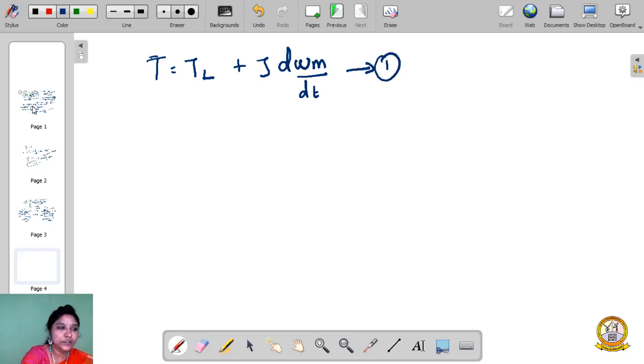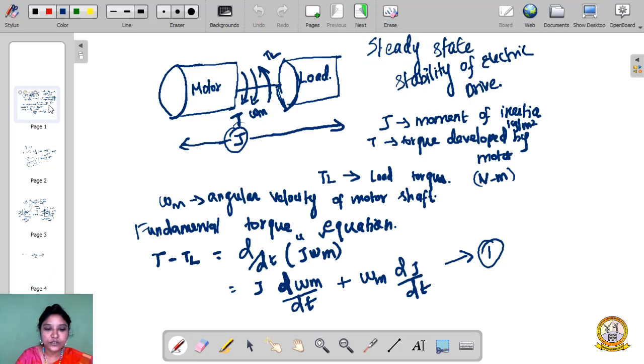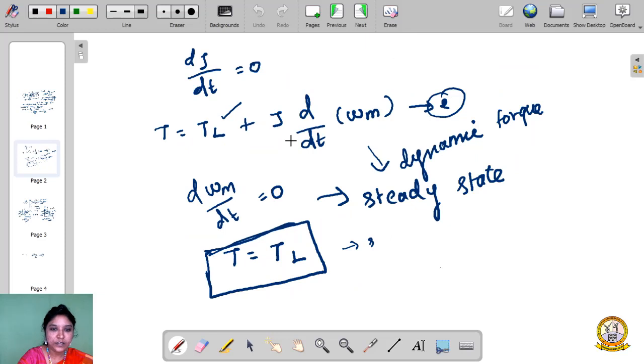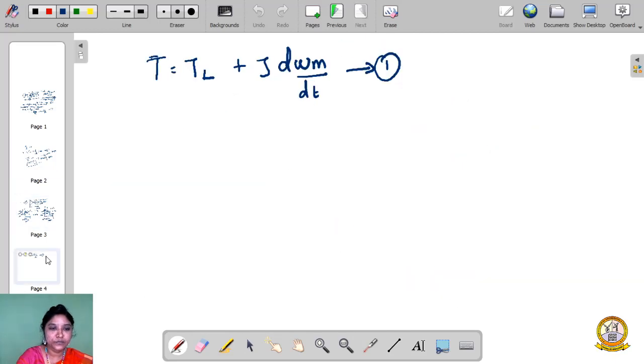In the beginning we chose this equation already, so we take it as a reference equation and derive from it. So this is our fundamental equation.